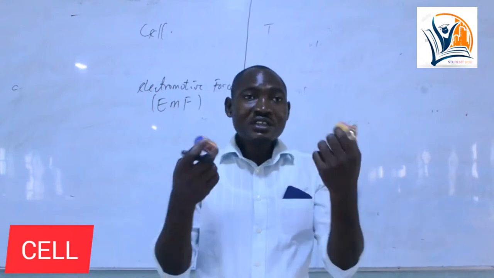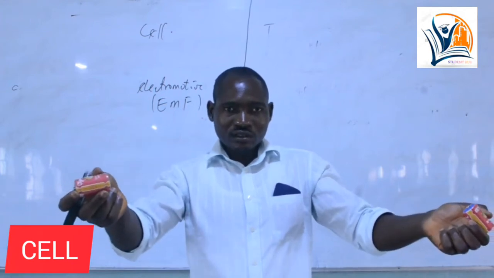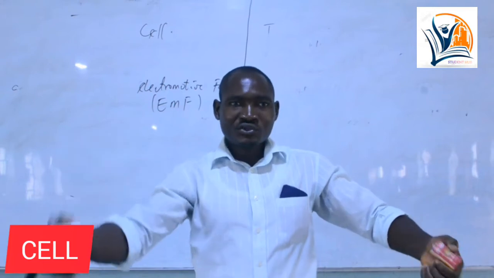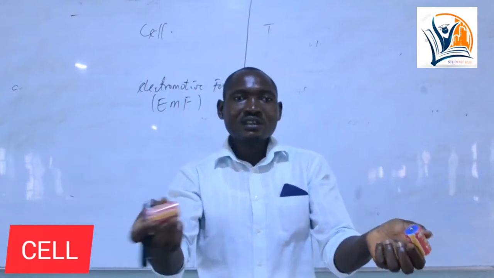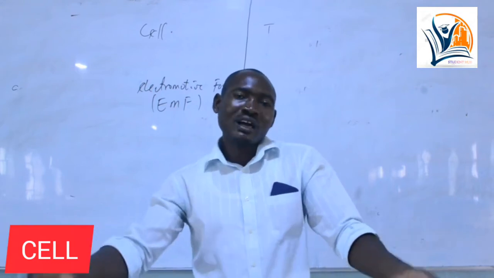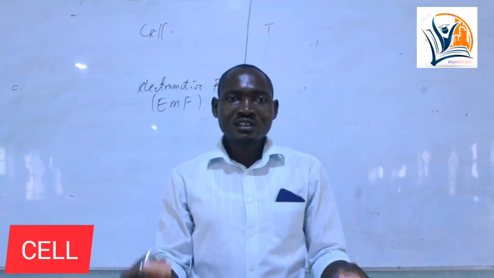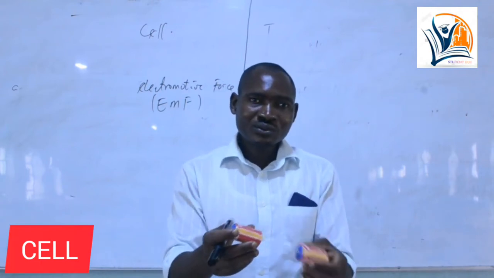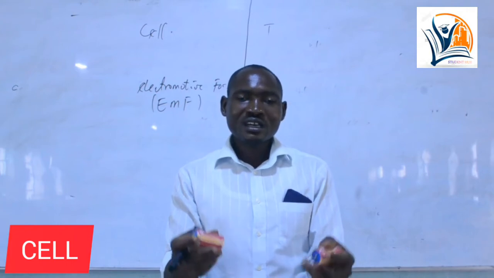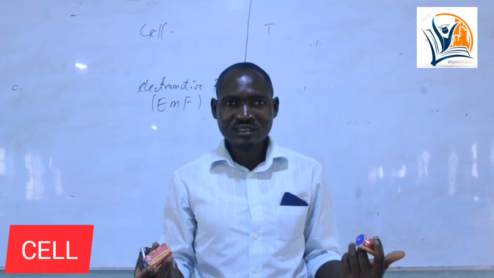So you know that if you connect this battery to some load, you connect it to an ammeter, voltmeter, resistor, and other loads, wires, there is voltage drop across all these materials you connected to. So at the end of the day, what you have is potential difference. So can we differentiate between potential difference and electromotive force now?